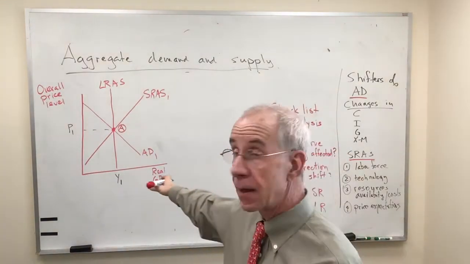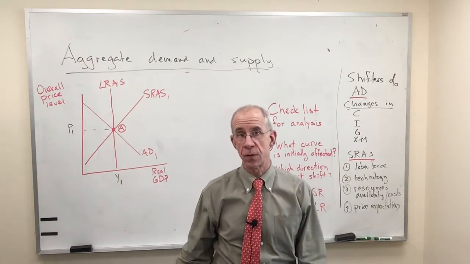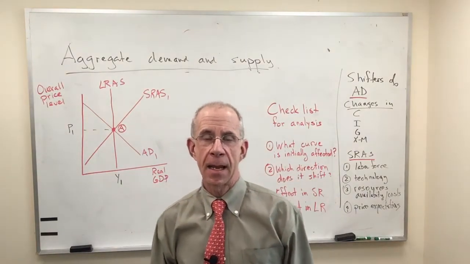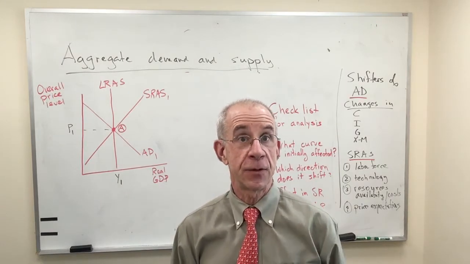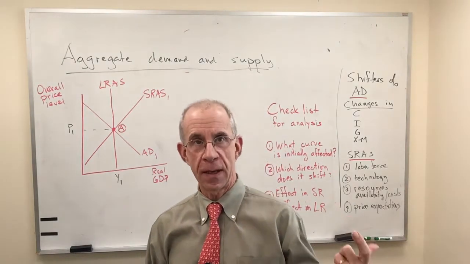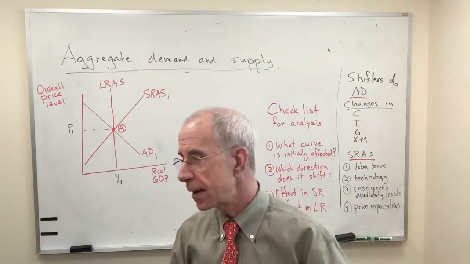So we're at the level of output associated with full use of resources. And we're going to do an analysis of a change in one of the underlying factors and see how that works its way through this setup.